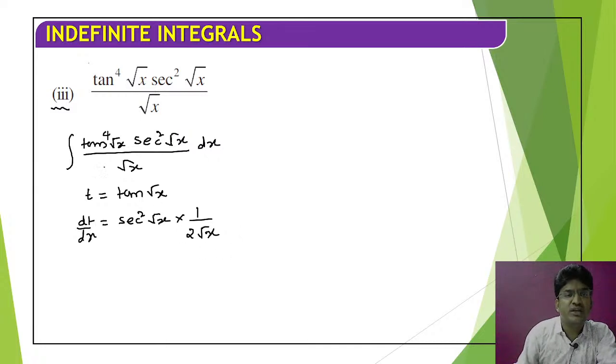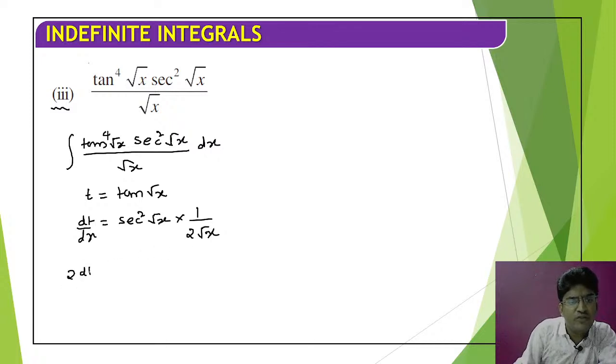So please note this. I will put tan root x as t because if I differentiate tan, I will get secant square root x, which is already present here. Clear? And the differentiation of root x is 1 by 2 root x. So now I will take 2 on this side.